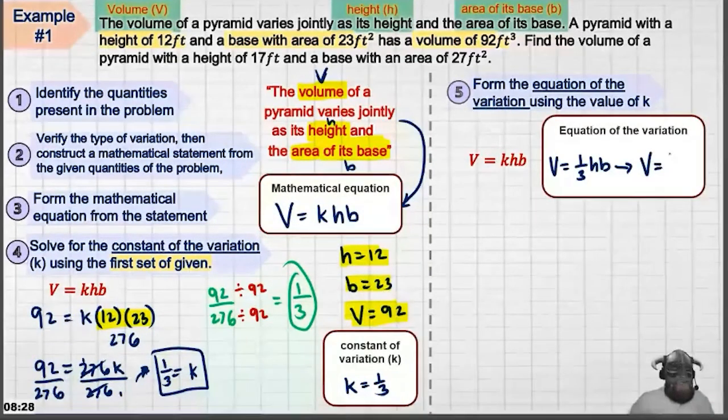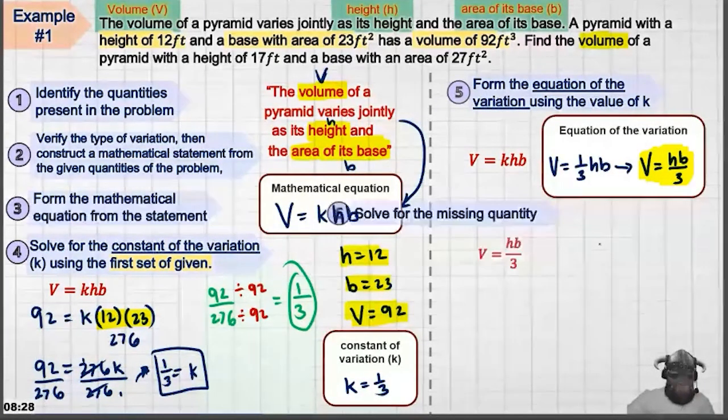So, it will become V is equal to HB over 3. So, kung sakaling hanapin natin, katulad yan, ang missing value natin ay volume, para multiply na lang natin yung height saka yung base value or area of its base divided by 3. So, masosolve na natin yung volume niya. So, mas madali gawin yung ganitong itsura.